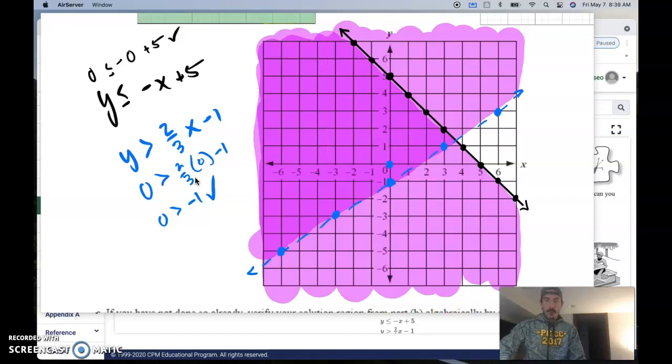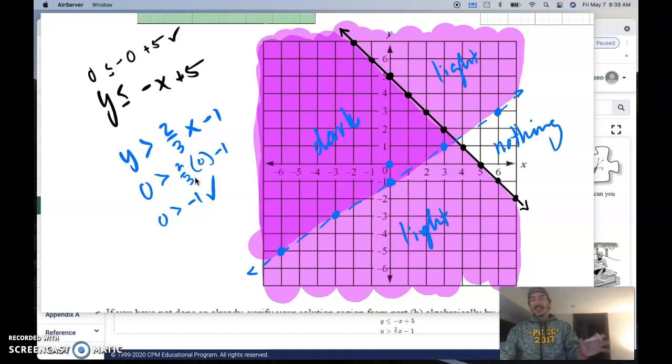All right, look at that. Do you guys notice what I've got? I've got what I would classify as light purple here and here. And then right here I've got what I would classify as dark purple. The dark purple is my region of interest because that is where my shading overlaps. Now, what does that mean?